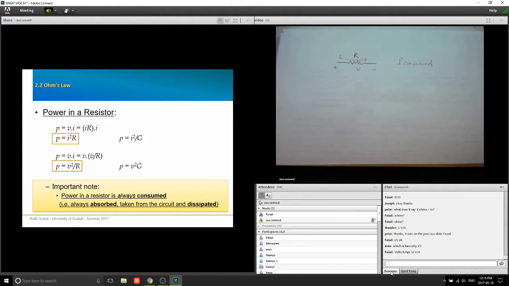the voltage and the current in a resistor are always according to the passive sign convention. Okay? The real value of the voltage and the real value of the current, if you measure them in a lab, you will always find the current inside the resistor flowing from the higher voltage to the lower voltage. It will always have to be this way. Because, remember we said this is the passive sign convention?